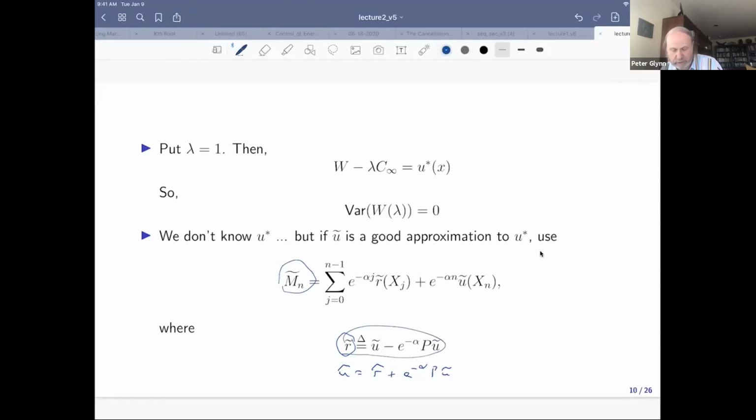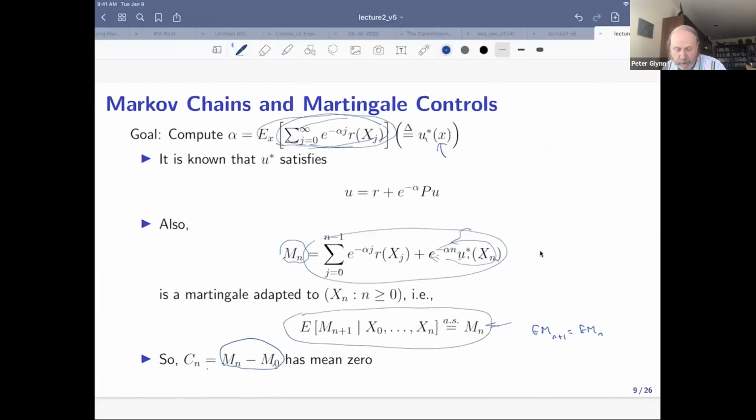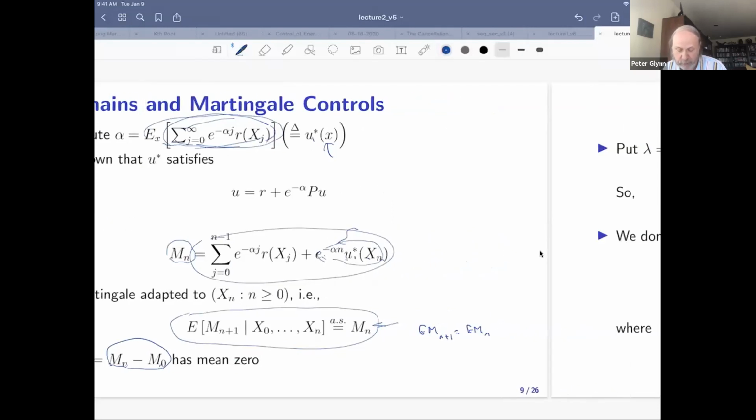All right, so that suggests a way of using a good approximation. If the approximation is good, then one would hope that you can get very strong variance reductions, because we know that if you chose exactly the right choice of u star, you'd actually get variance 0.